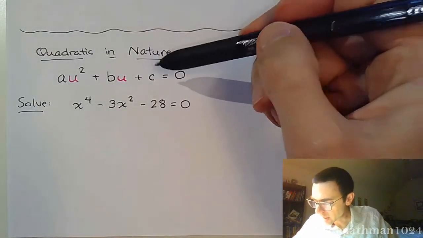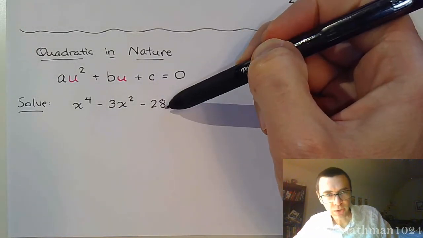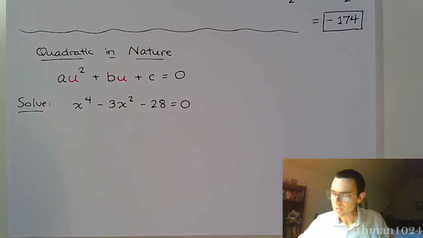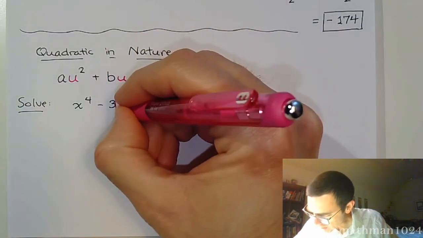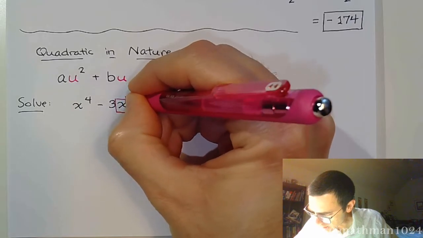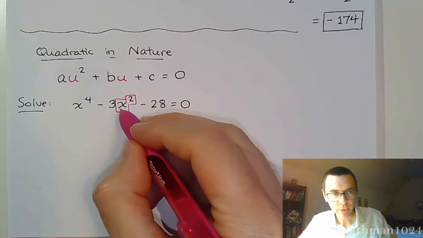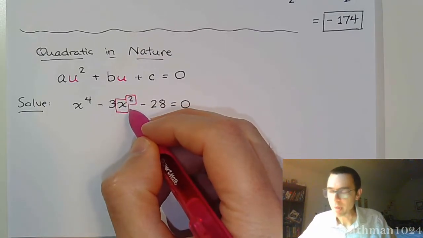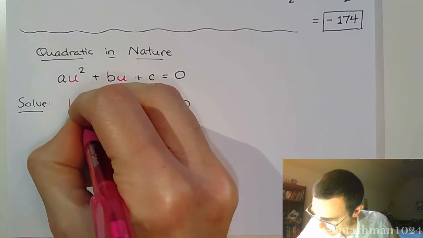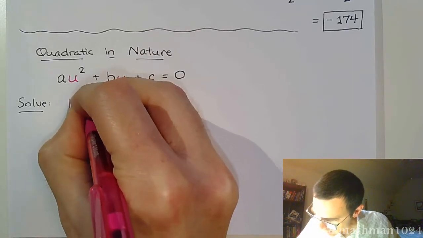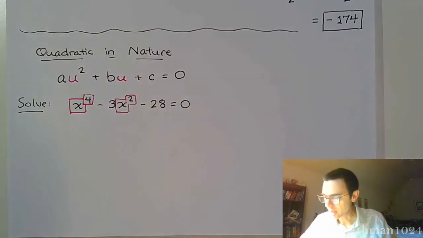For things that are quadratic in nature, you're going to have a constant here at the end. You're going to see something that's not quite x right here. Okay? And then you're going to see the same expression, but with double the power. And that's what you're going to see right here. And that's what makes this guy quadratic in nature.